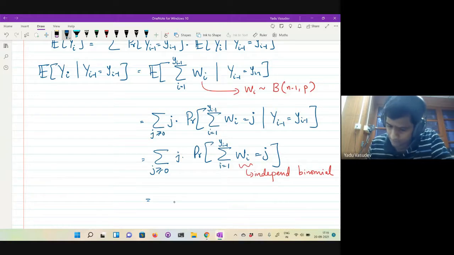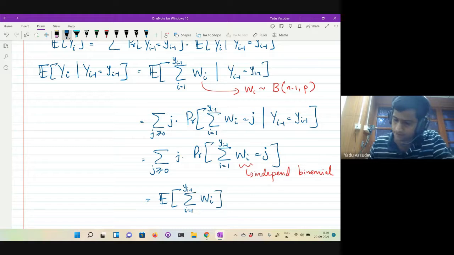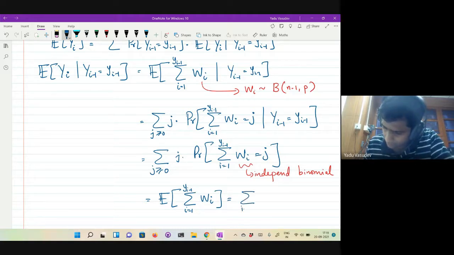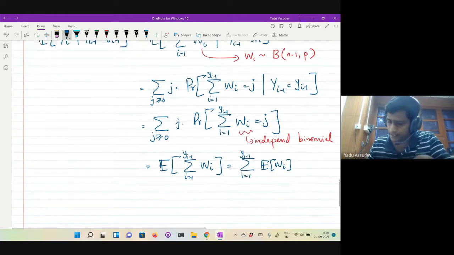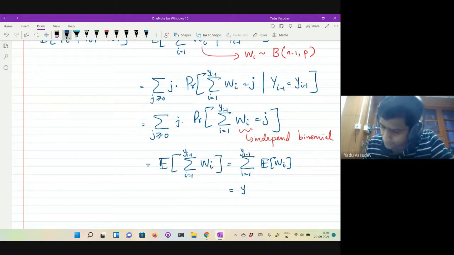This is nothing but the expected value of the summation of W_i, which is the summation over i equal to 1 to y_{i-1} of the expectation of W_i. And what is the expectation of W_i? It is n minus 1 times p, and so this is y_{i-1} times n minus 1 times p.